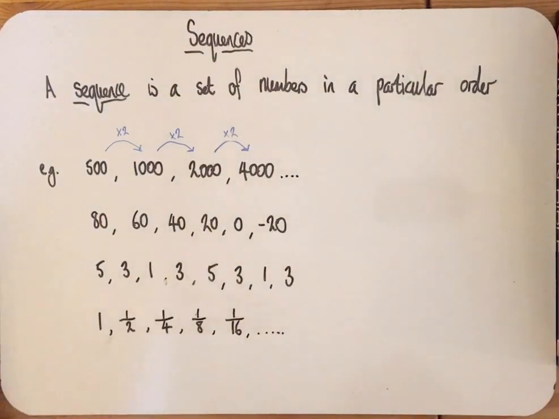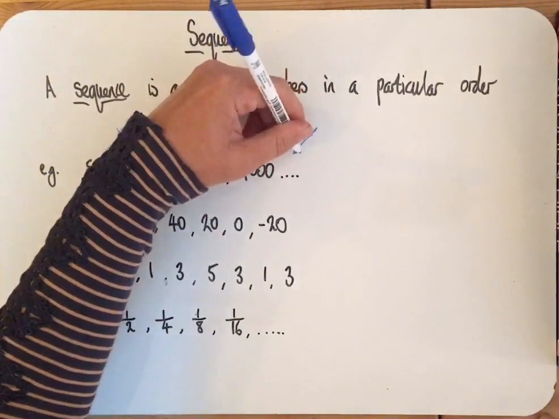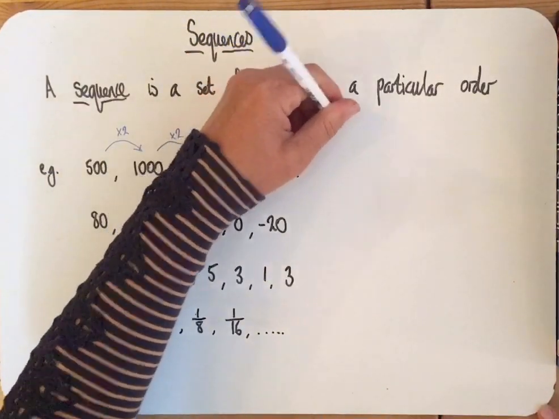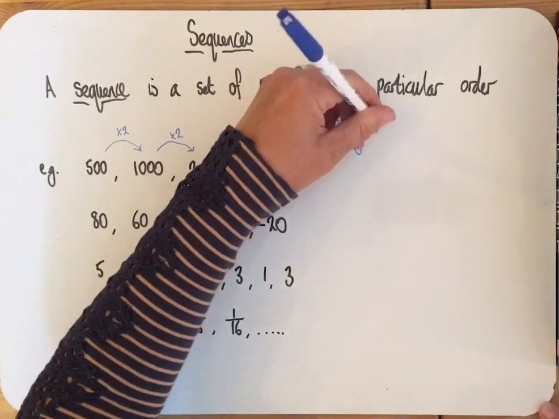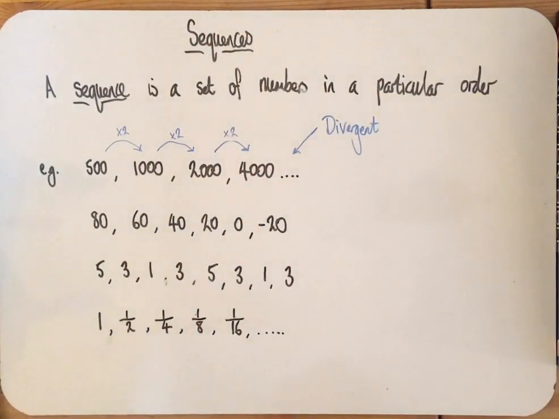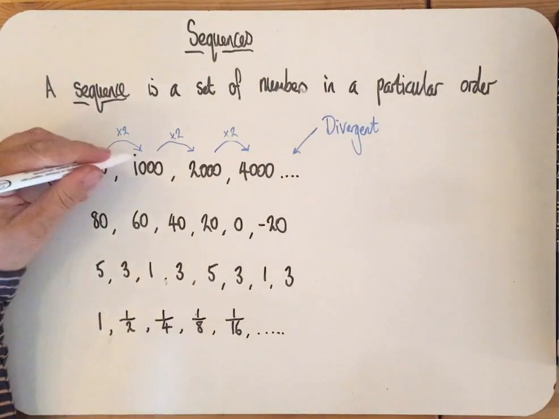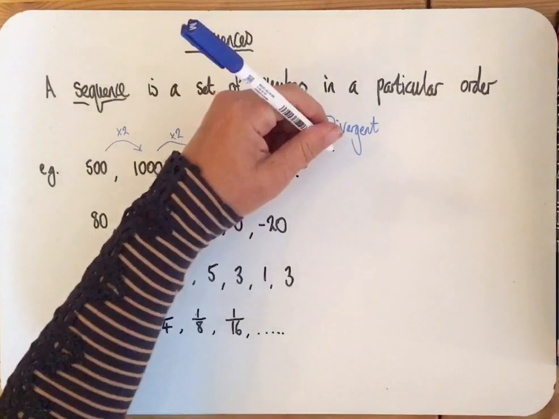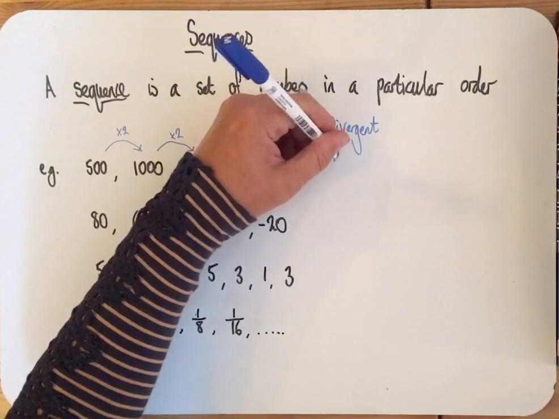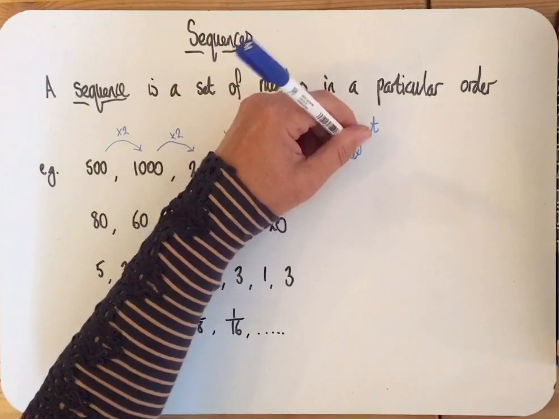That's an example of a divergent sequence. So the numbers are just getting bigger and bigger and bigger, essentially. Rule is times 2, times 2, times 2. If you multiply by a number to get to the next term, that's an example of a geometric sequence, but we'll come back to that next week.